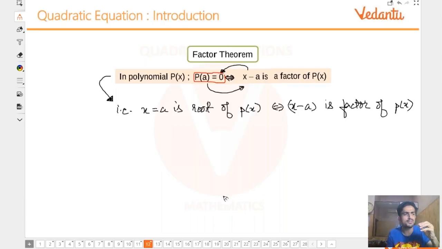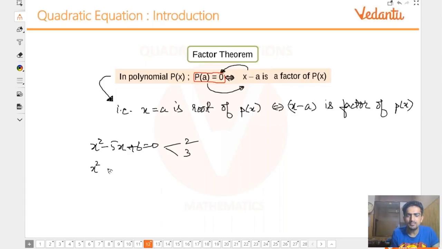If some equation has x equal to a as a root, certainly when we factorize it, one factor would be x minus a, and from there only we would have got x equal to a. Like x square minus 5x plus 6. This has root 2 and one root is 3, let me tell you. Now it is pretty much obvious that when we factorize it, one factor would come out to be x minus 3 and one factor would come out to be x minus 2.